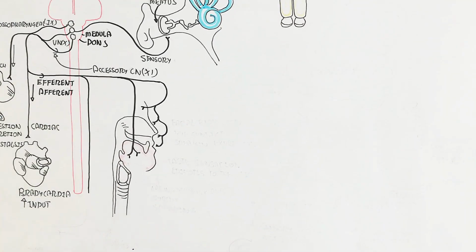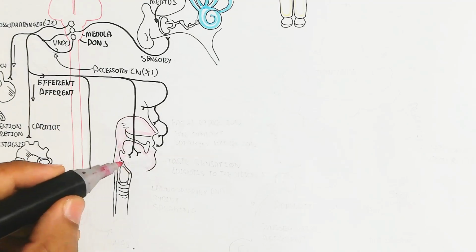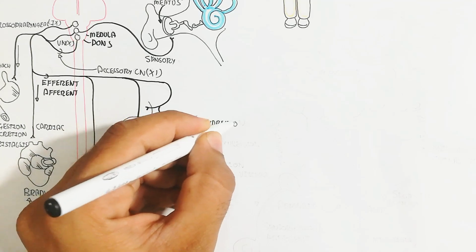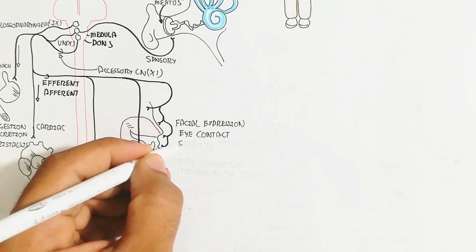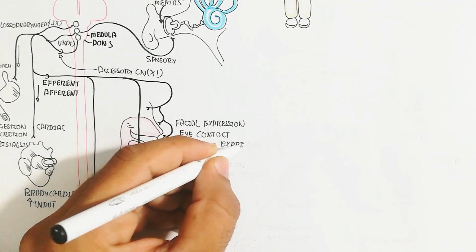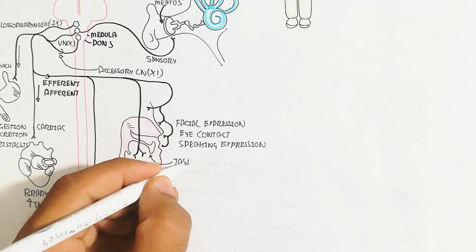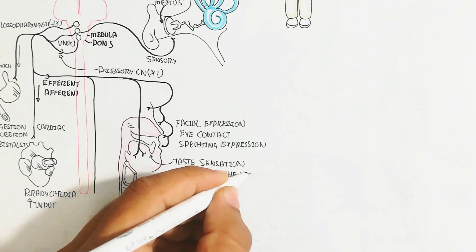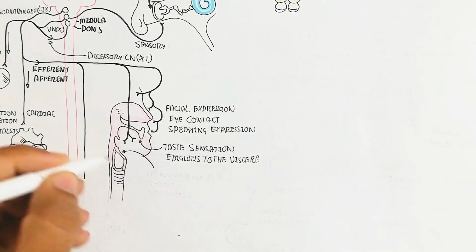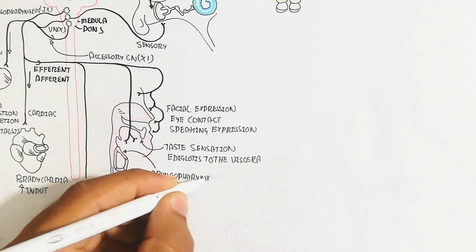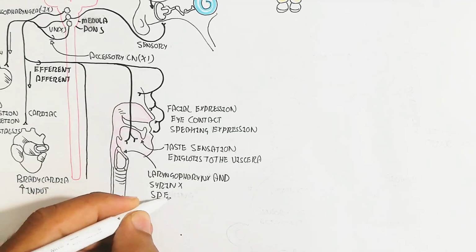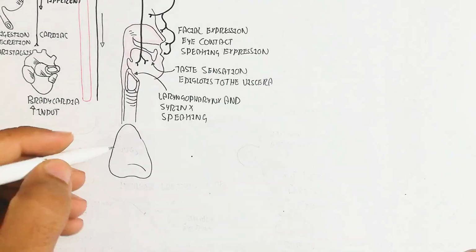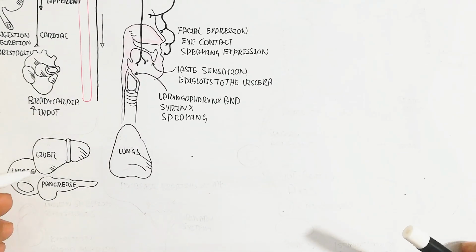The sensory nerves target the nasal and head region, as well as the mouth, lips, facial expression, eye contact, speaking expression, taste sensation, and epiglottis to the viscera. The laryngopharynx and syrinx for speaking are very important due to the parasympathetic innervation of the vagal nerve.